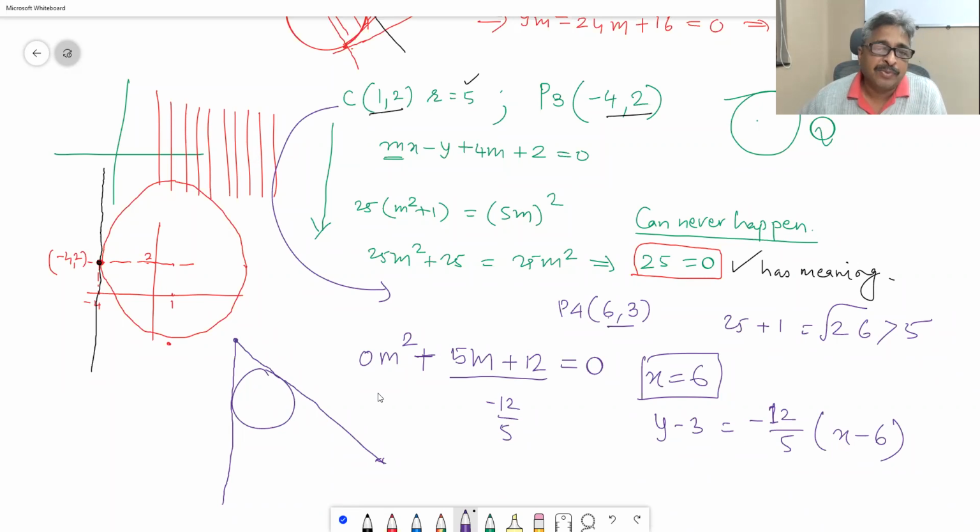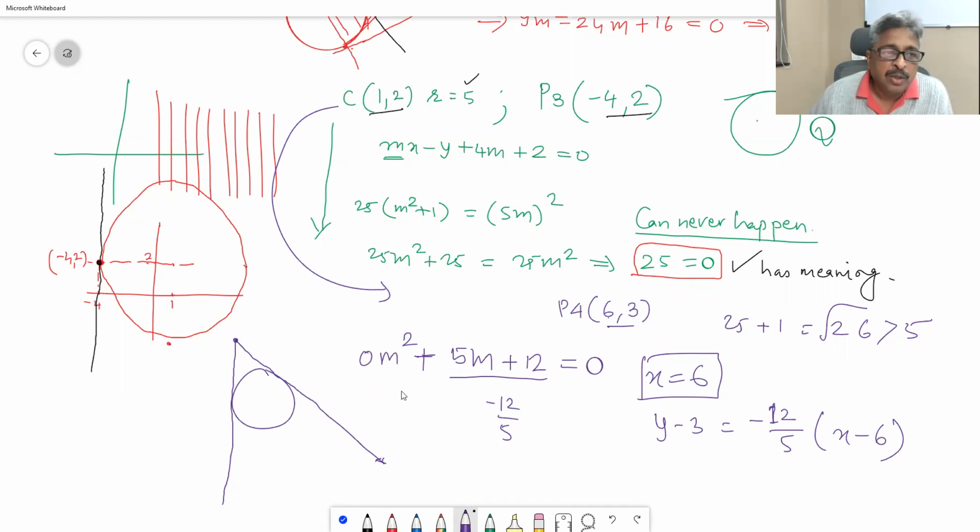The fifth case, P5, I should give, but I will not right now because it is repetition of work. The fifth case is a point inside the circle. If the point is inside the circle, of course you will get a good quadratic equation. The quadratic equation will have A non-zero, B non-zero, C non-zero, but you will not be able to find real values of m.